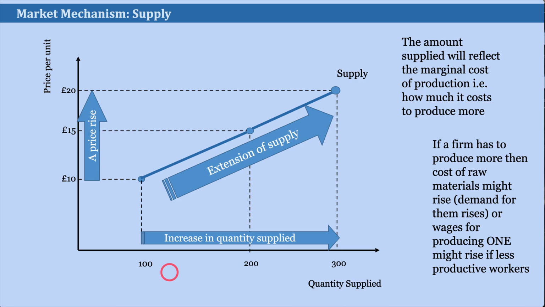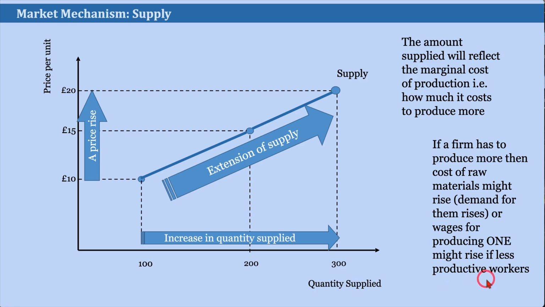So instead of saying, well, I need 10 workers for this first 100, I now might need, I don't know, let's say 15 workers to produce the next 100, because they're not going to be producing as much per worker as all the others were. And so therefore the argument is that the wage costs for producing one good might start to rise because of these less productive workers.